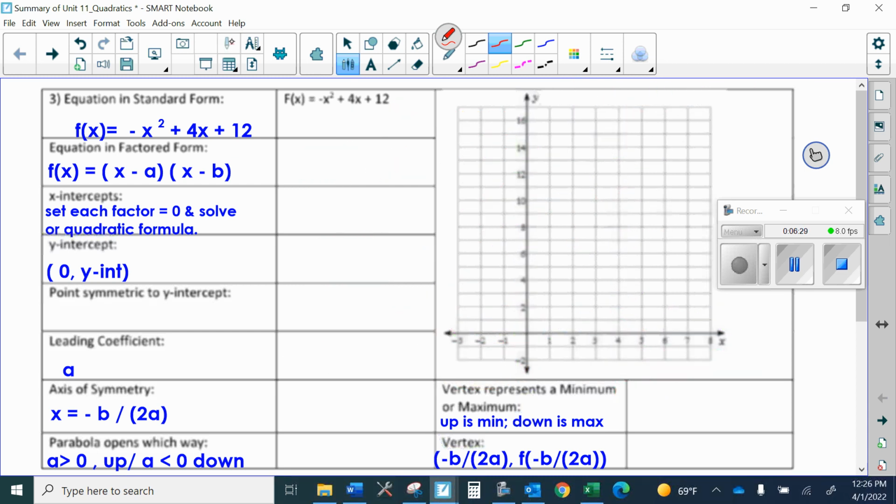Okay. So this first example, they've given it to you in standard form. Remember, ax squared plus bx plus c equals 0 or equals the f of x function notation, which is the same thing as y. It could be written as y equals negative x squared plus 4x plus 12.